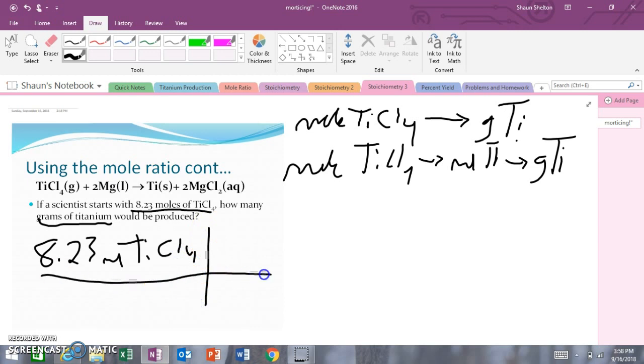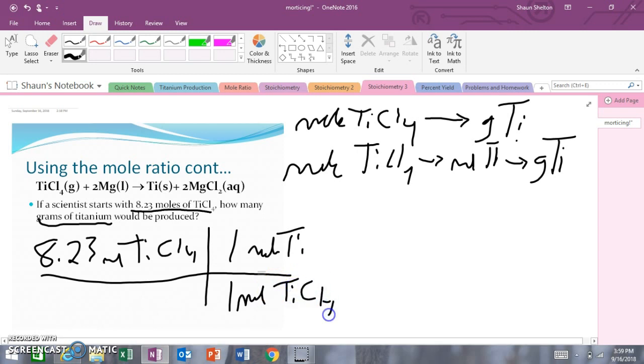Now we're going to multiply that by 1 mole of titanium per 1 mole of tickel.